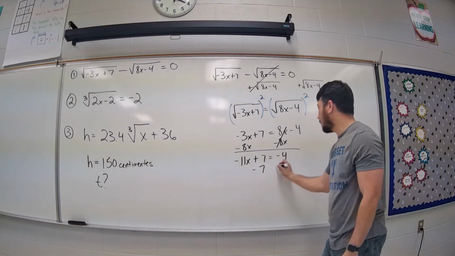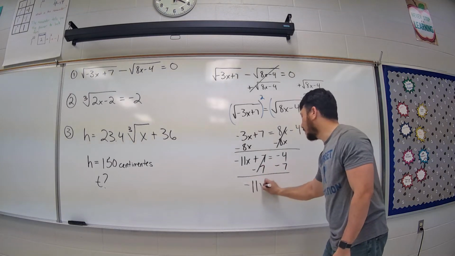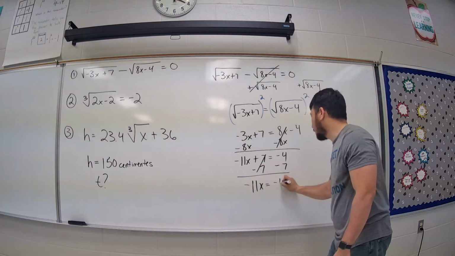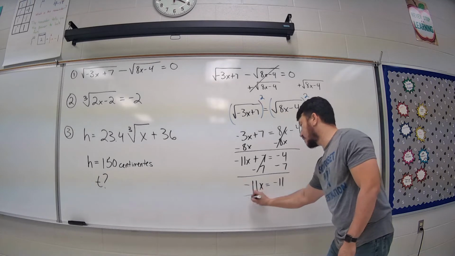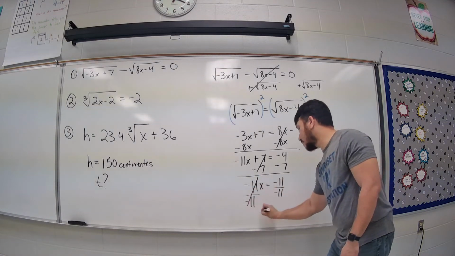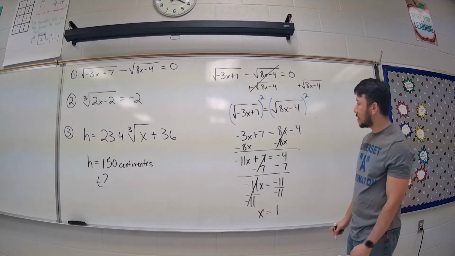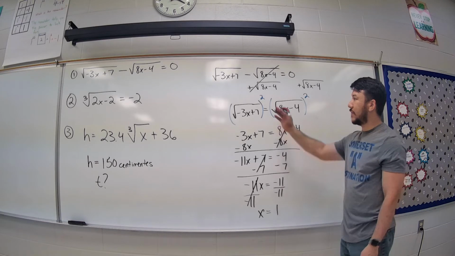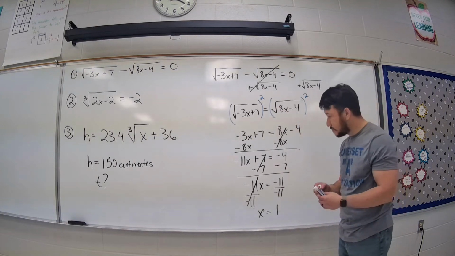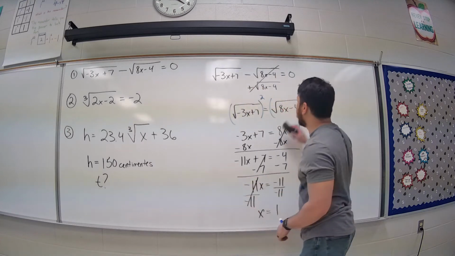So minus 7, cancels, negative 11x, negative 11, and then get rid of this negative 11 by dividing. Cancel, so therefore x equals 1. Okay, so that's how you solve when you have radicals on both sides. Okay, pause the video. We'll take a look at number 2 in a second.